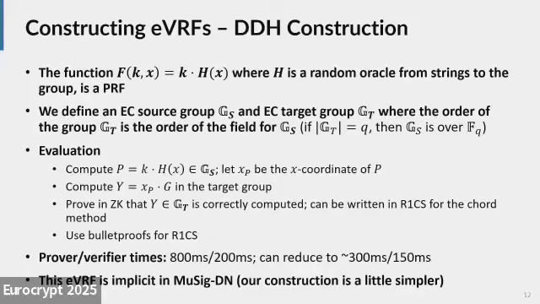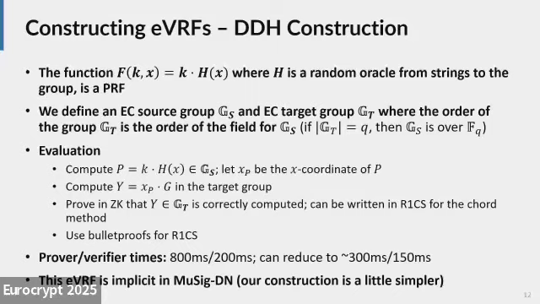If the order of the target group is the same as the field size of the source group, then everything matches up, and I can use the output of the first part, the x element, as the scalar in the second part, and then get my EVRF.